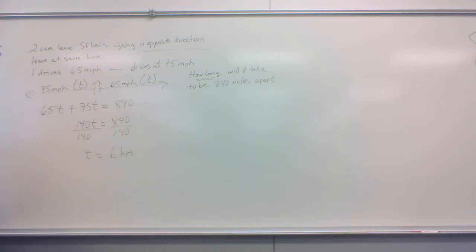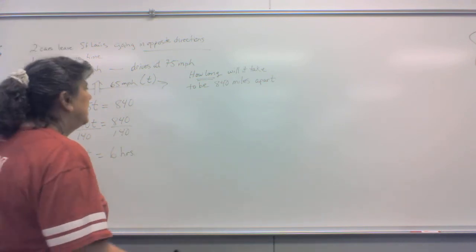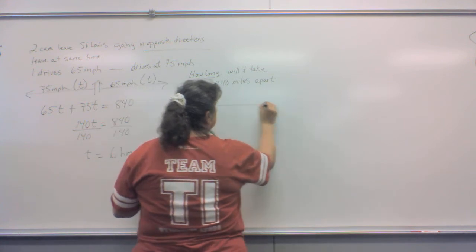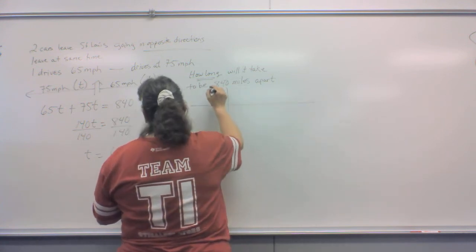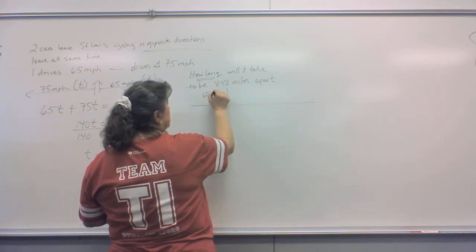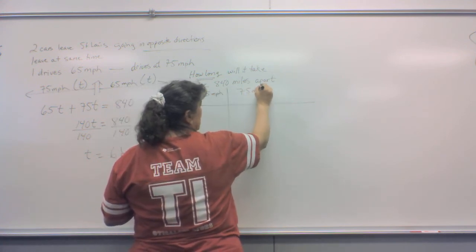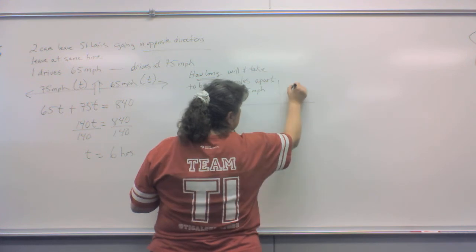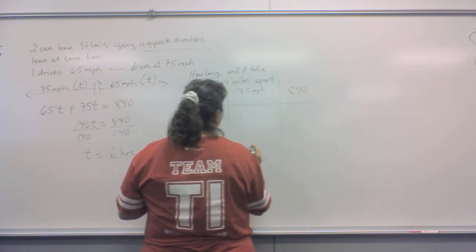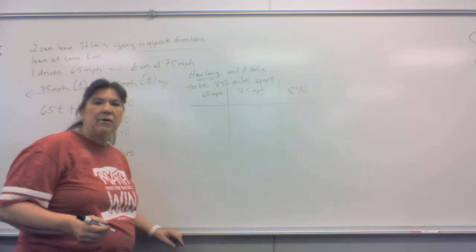Now, we can do this in other ways. We can do this with a chart. If we were to do it with a chart, I would have the person number 1 at 65 miles per hour, person number 2 at 75 miles per hour, and my total distance is 840 miles. Then I would do it by trial and error.